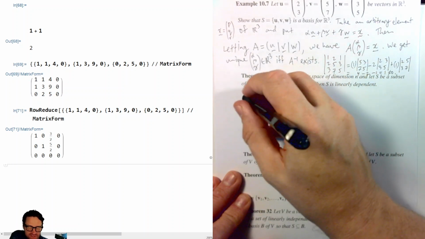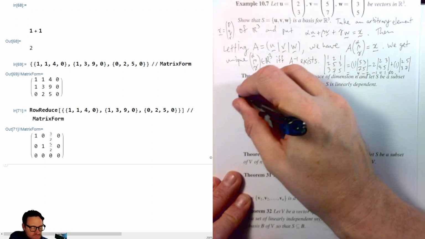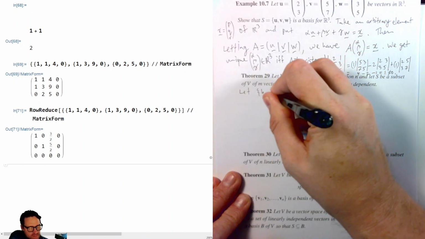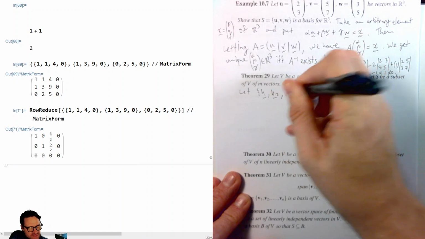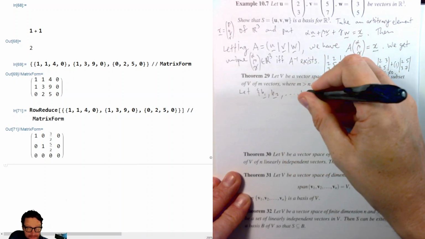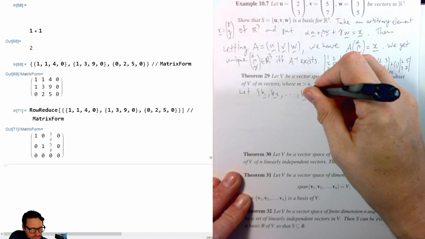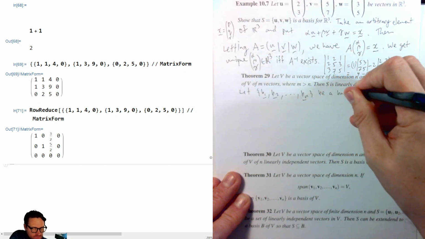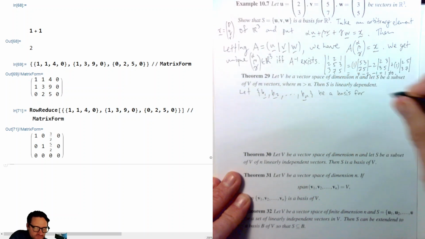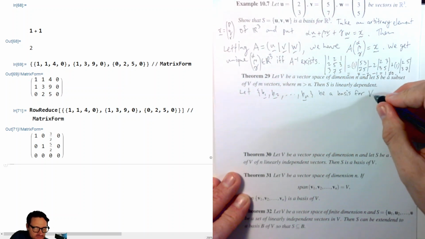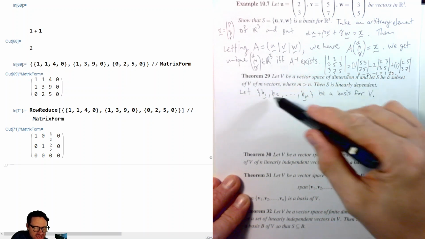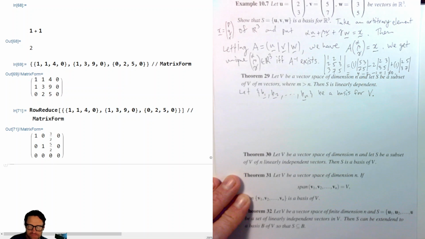Okay, so what we're going to do here is say let B1, B2, etc. up to Bn be a basis for the vector space V. Since it's of dimension n, I have exactly n of them.